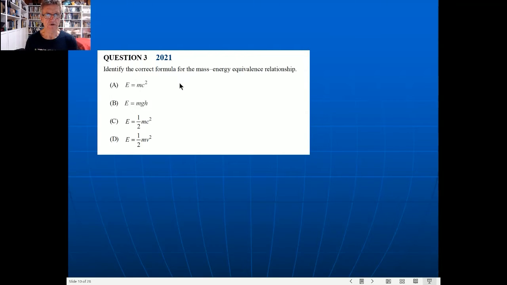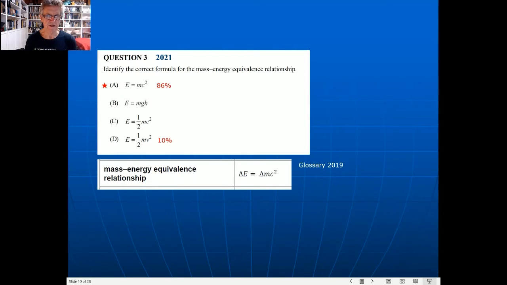And of course it's the first one, and 86% of students got that right. And the next major one was 10%. They've found E and M, and they know it's something to do with the speeds, so they've chosen that.